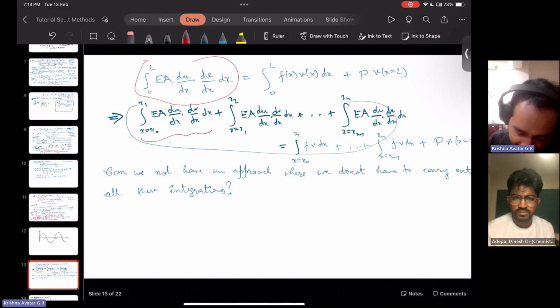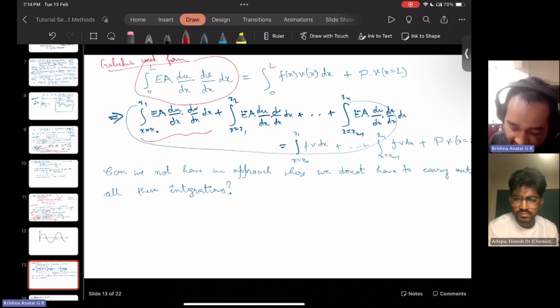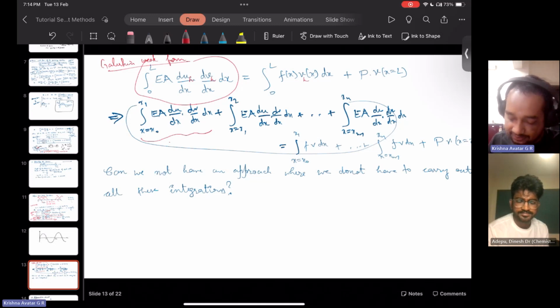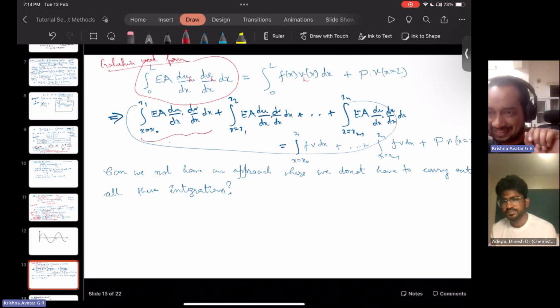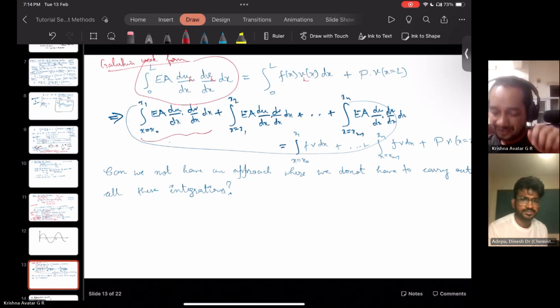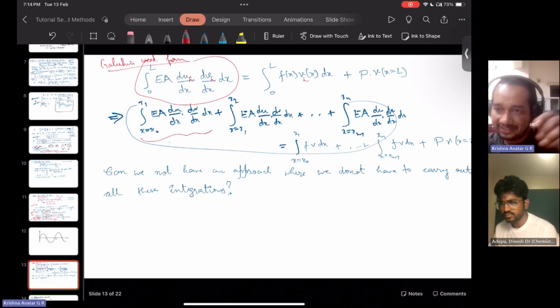Before that, I must have said that we are actually finding the Galerkin weak form. In that case, we are not finding the actual u, we are finding u of h and v of h. h indicates the width, an indicator of the discretization.